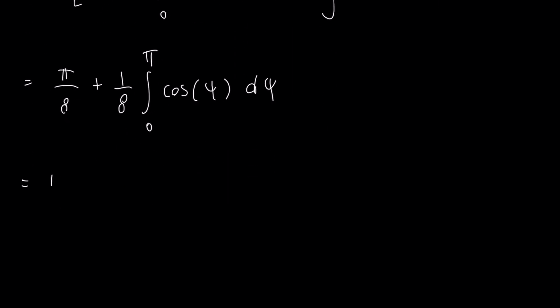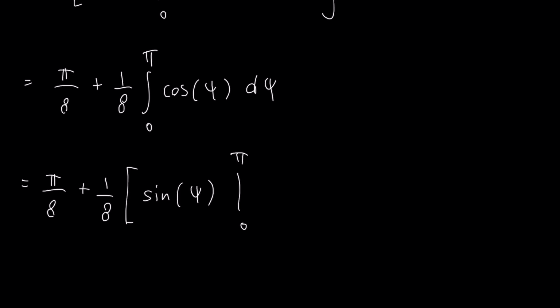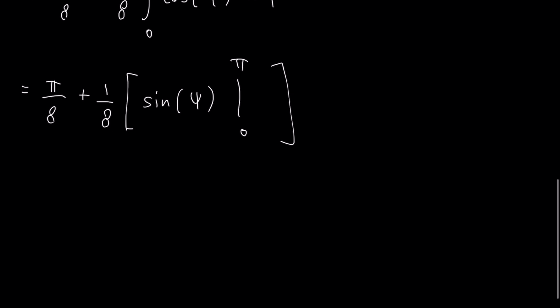So this is equal to pi over 8 plus 1 over 8 times the sine of psi evaluated at 0 and pi, which is equal to pi over 8 plus 1/8 the sine of pi minus the sine of 0.